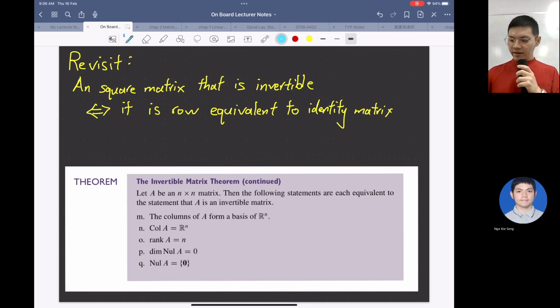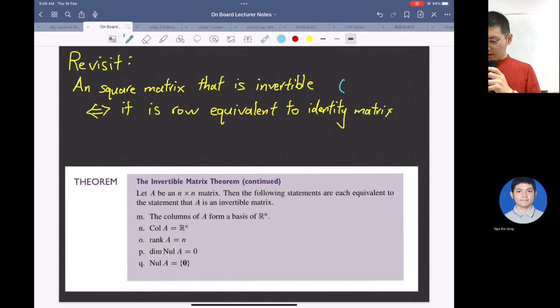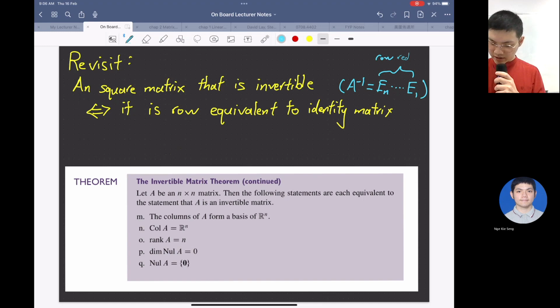Okay, why? Because this is exactly how you find the A inverse, right? It's the composite of elementary matrices that row reduce A. So let me name it A. Okay, remember? Do you remember? Okay.